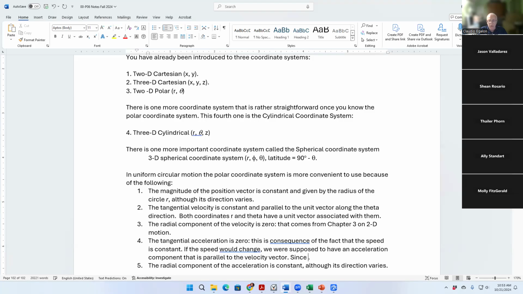Since the speed does not change, the acceleration vector must be perpendicular to the velocity vector.